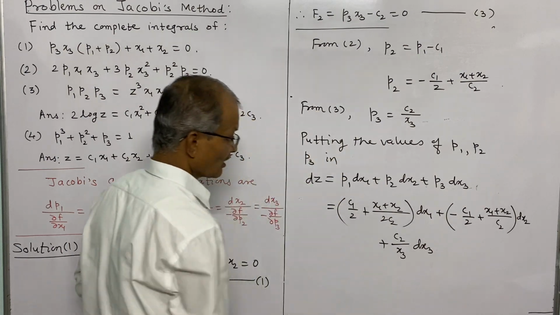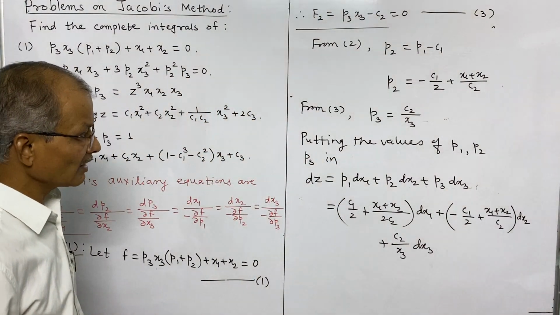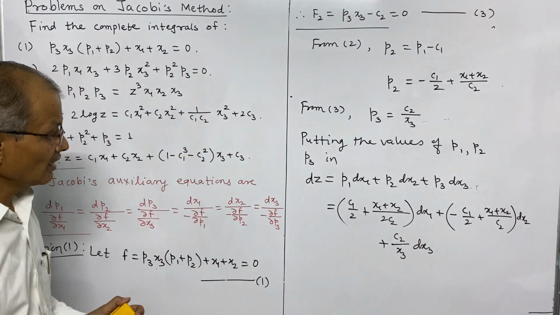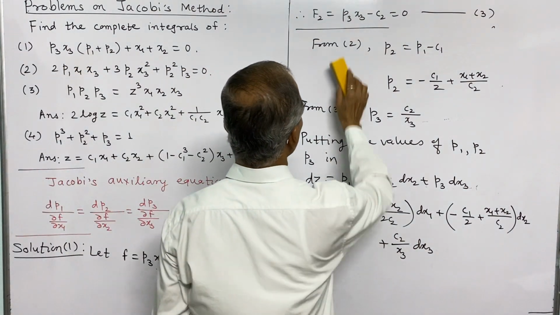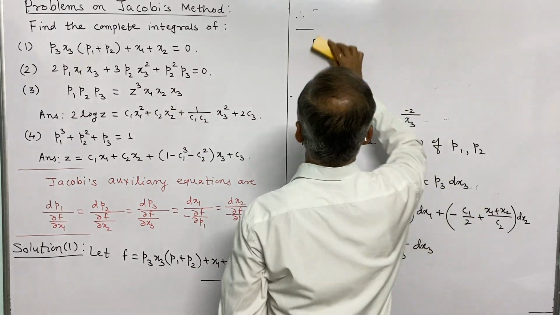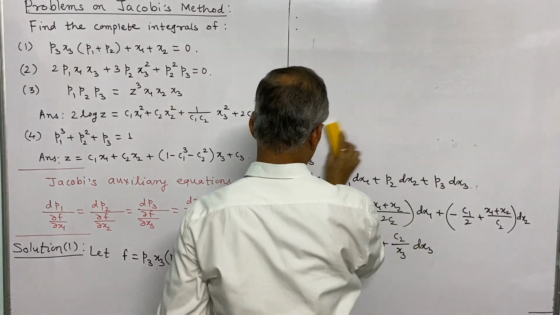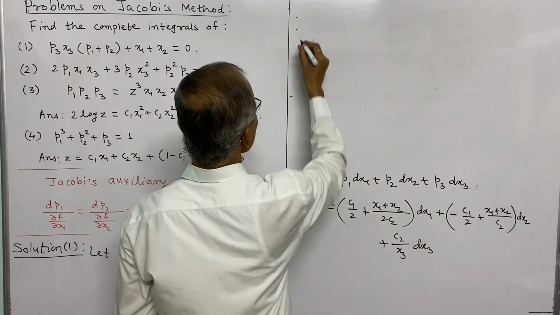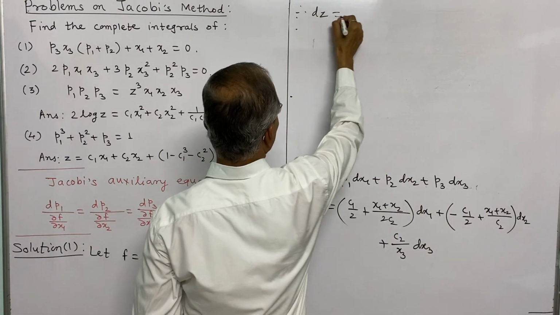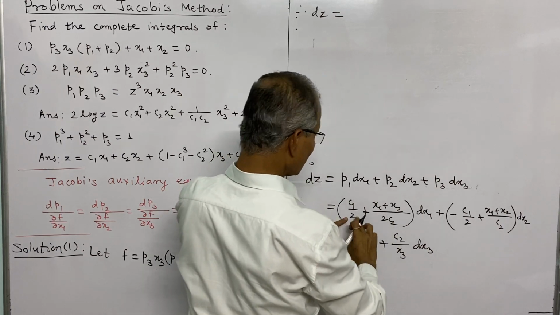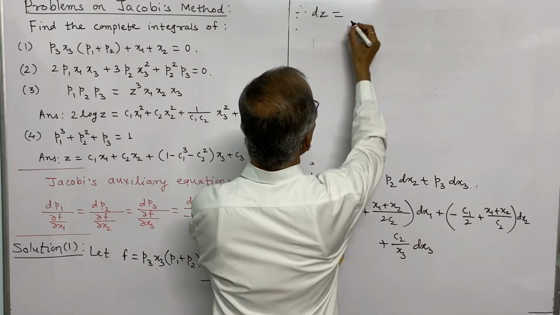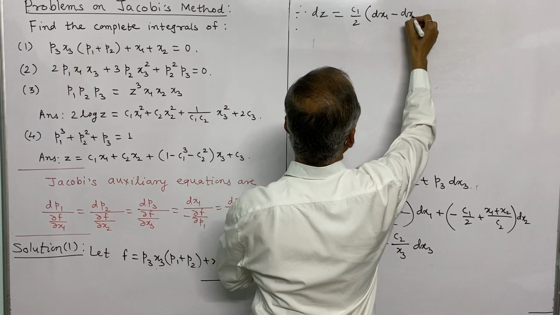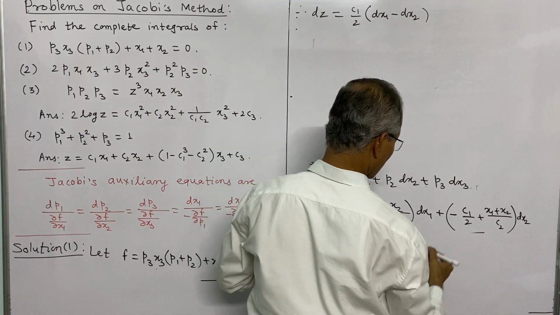This is easy to integrate, and for integration we can write like this. We write the variables separate, and now that can be written as dz. dz is equal to, so we will write C1 by 2 common, and in bracket it is dx1 minus dx2. So these two terms we have collected.